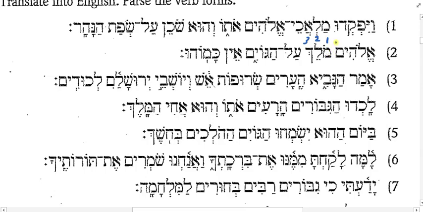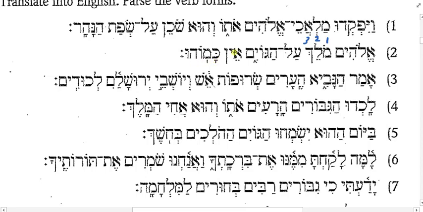The "is" is the copula that's unstated in Hebrew. So God is reigning. All hagoyim. What does that mean? All over hagoyim, the Gentiles or the nations. And then I have ein kamohu.